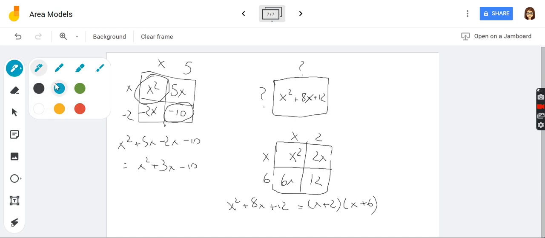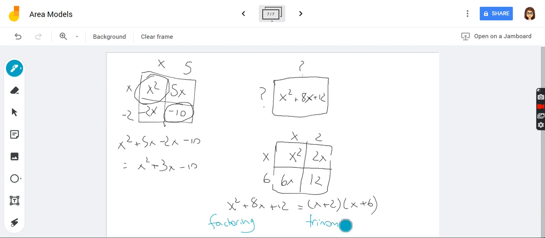All right, and so what did I just do there? I factored. And let's see if you remember, what was this type of expression called? So it's not a binomial because it's got 3 terms. Okay, so it's a trinomial, and it's a special kind of trinomial because there is nothing in front of this x squared, right?